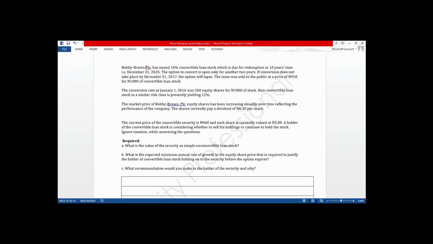If you recall, we said there are two alternative approaches when valuing convertible bond.